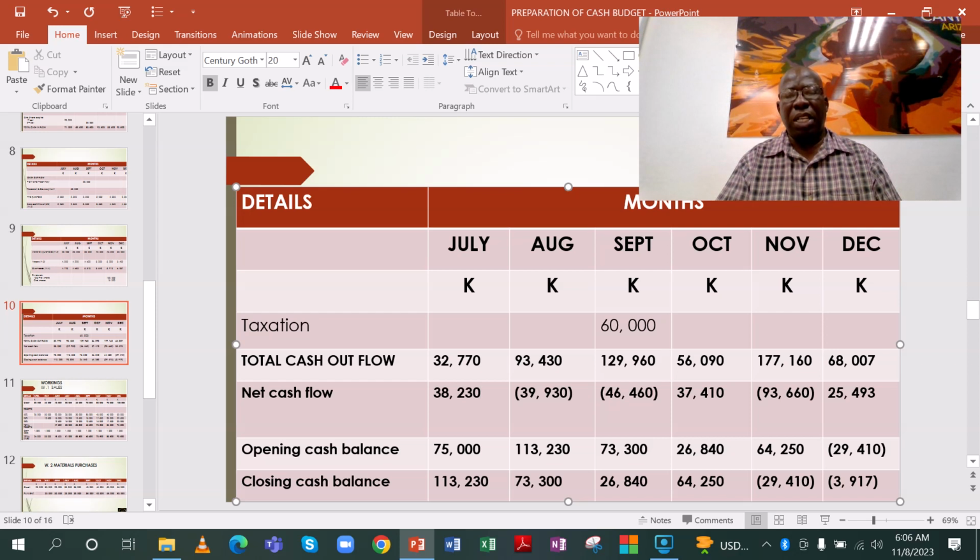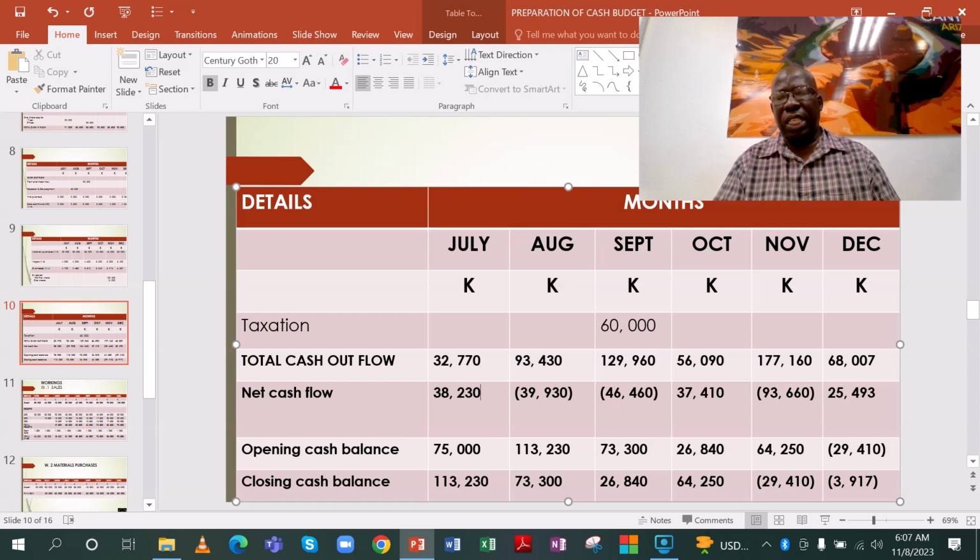But since you had a healthy closing balance in July, this will cover the deficit, and you end up with a cash closing balance of 73,300. What you close with in August is what you open with in September. So this process continues, and you end up having these closing balances.